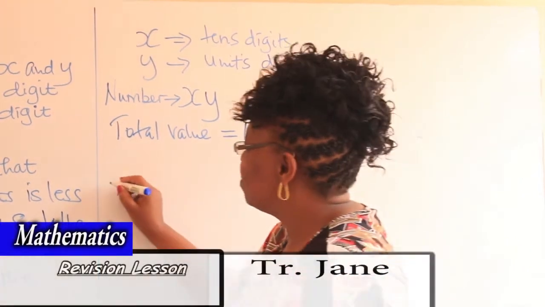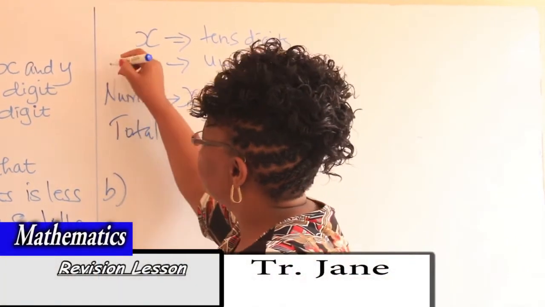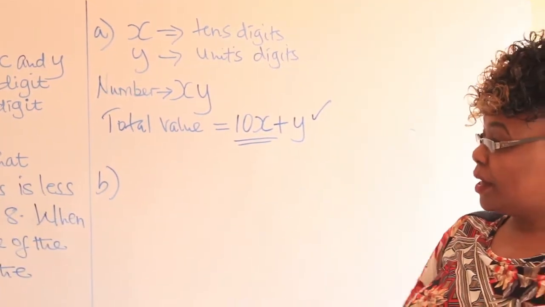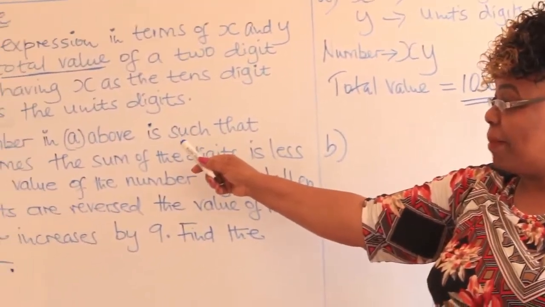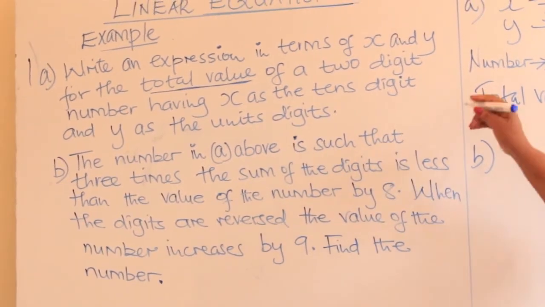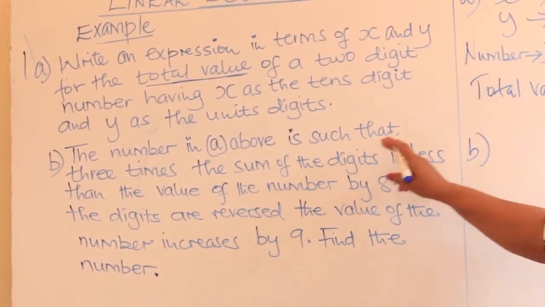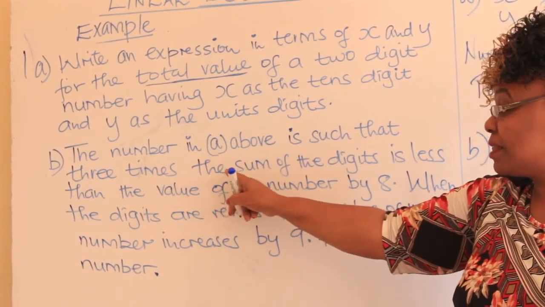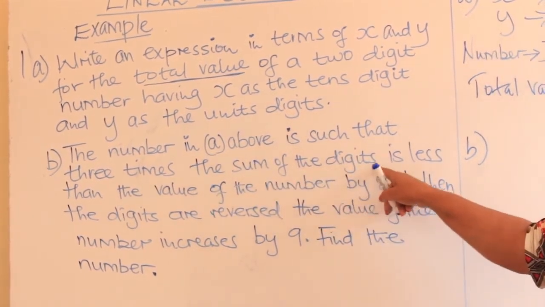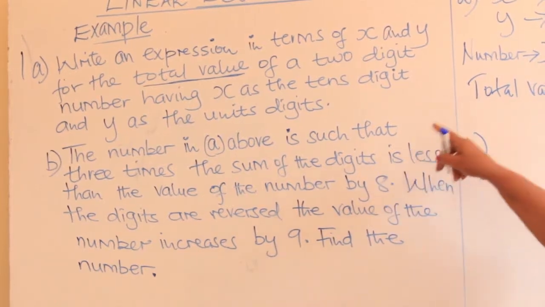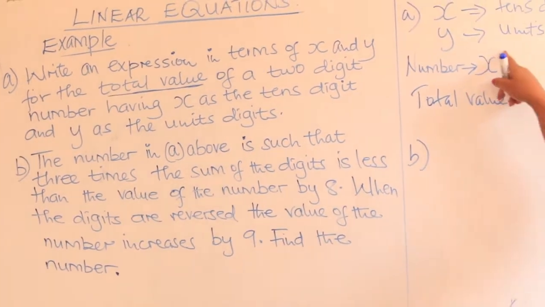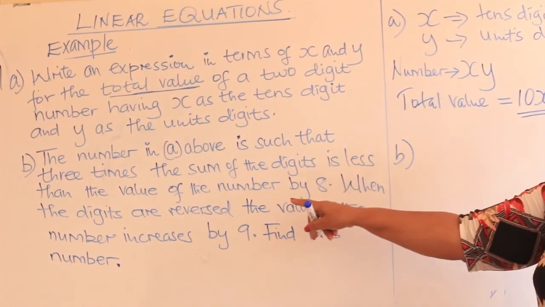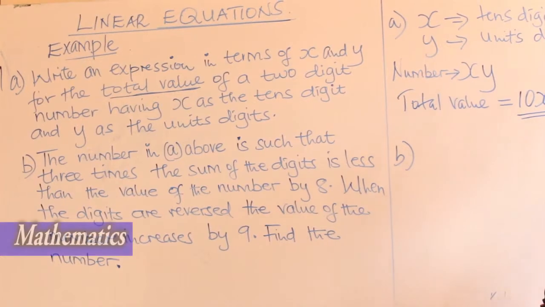We go to part B. That was A. Part B. The number in A above is such that 3 times the sum of its digits is less than the value of the number by 8.